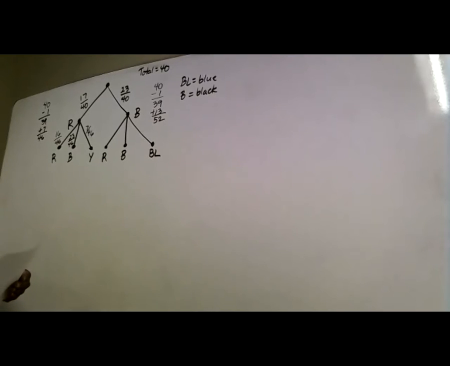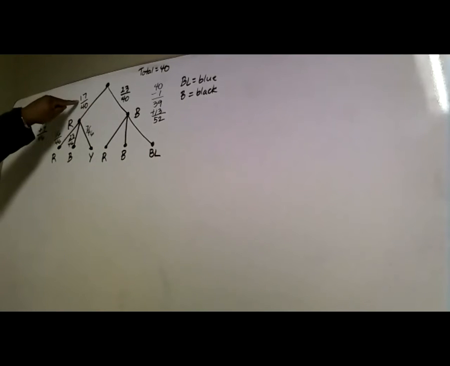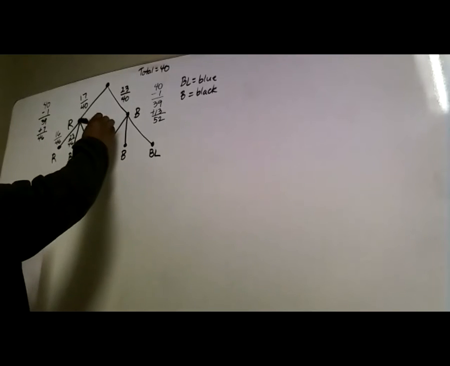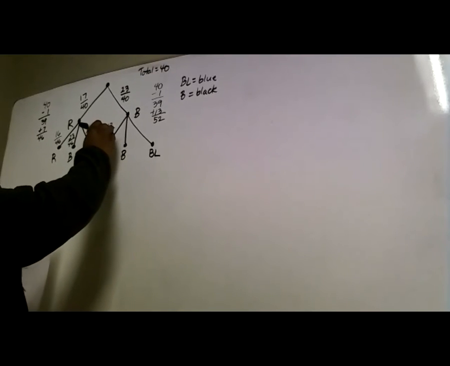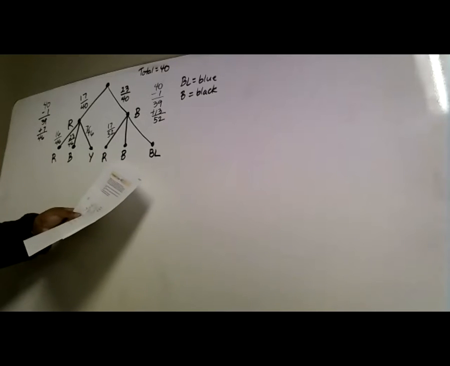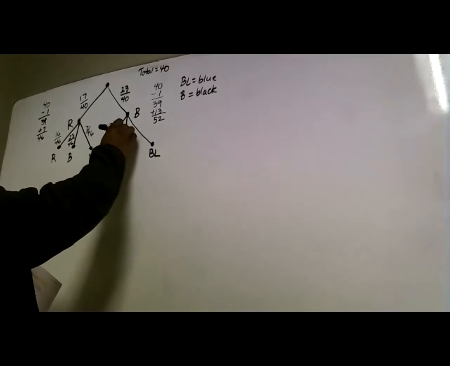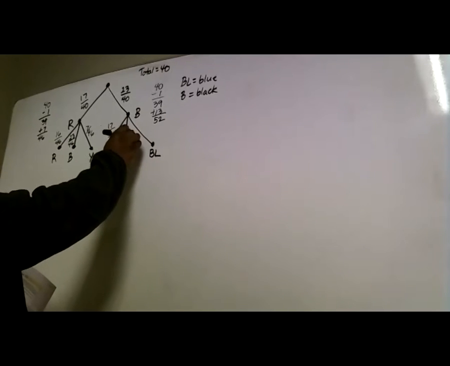Now, the first marble drawn was a black. So that means we're still going to have 17 red marbles in the jar. The probability would be 17 out of 52 because we added 13 blue marbles to the jar. For black, instead of 23, you're going to be down to 22 because the first marble drawn was black and there were 23.